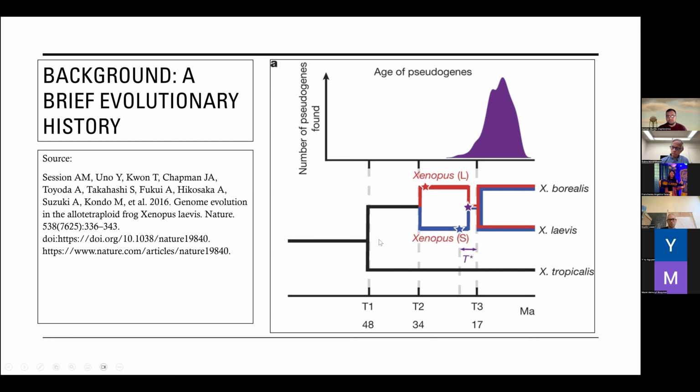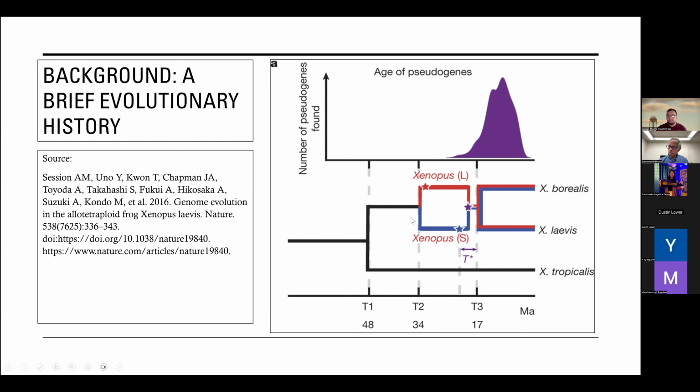So there was a divergence event between what would become Xenopus laevis and borealis and Xenopus tropicalis. Tropicalis has 10 chromosomes and is diploid, and laevis has 9 chromosomes and is allotetraploid. So that's probably where that event occurred.